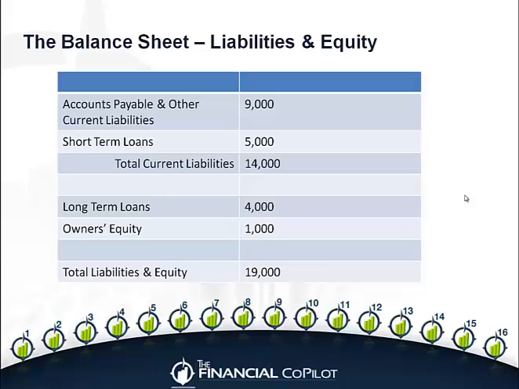In this case, other current liabilities can include things like sales tax payable. So you may be in a business where you collect sales tax for the transactions of your customers. You've collected it over a period of time, but you've not yet paid it out to the government entity that it's owed to. You might have other current liabilities, which may include things like federal income tax payable.